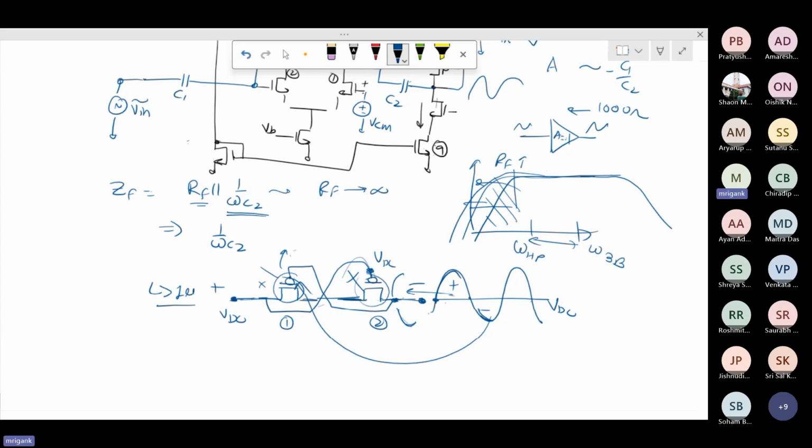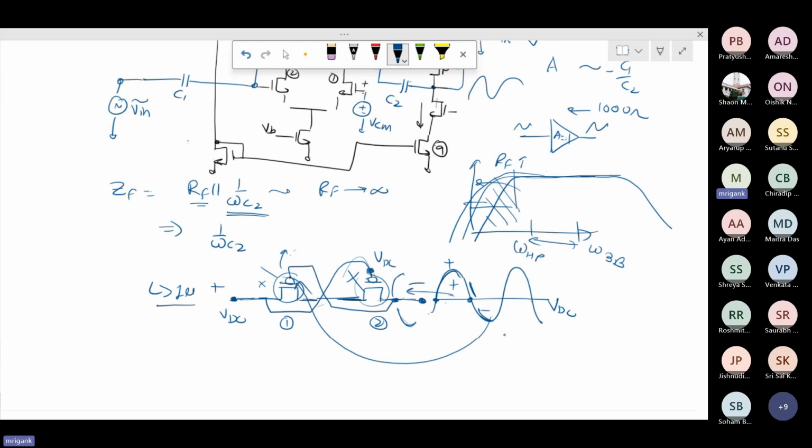When the signal is close to VDC, both of them get VSG significantly less than VT, close to zero. So you get the maximum on conductance here, because both of them have the same VSG. Both of them will be in the subthreshold region or close to cutoff.